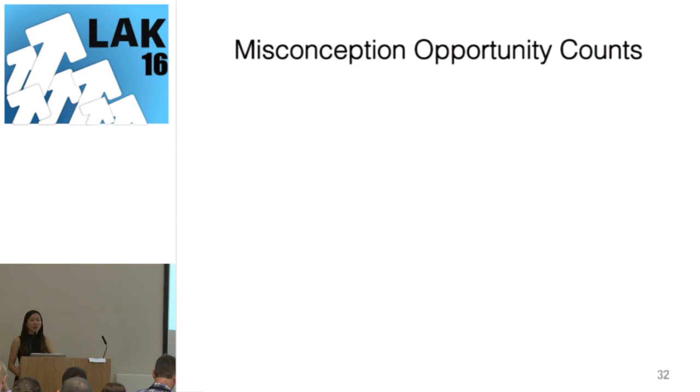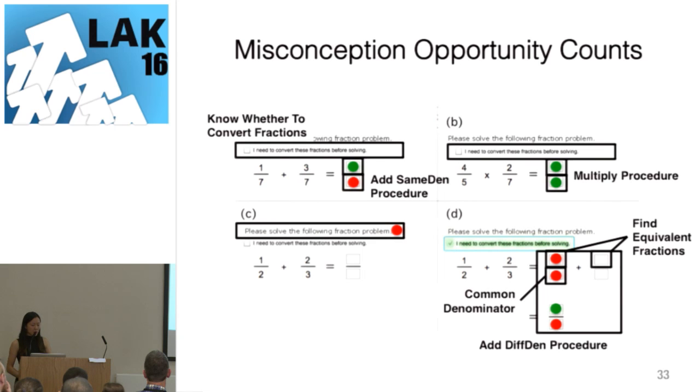Basically, you say anytime you have an opportunity to apply that knowledge component, that counts as an opportunity. With misconceptions, it's a little bit trickier because, what exactly counts as an opportunity to increase or decrease that misconception, right? So the way that we did it here was we actually had two different opportunity counts, so two different rate parameters.